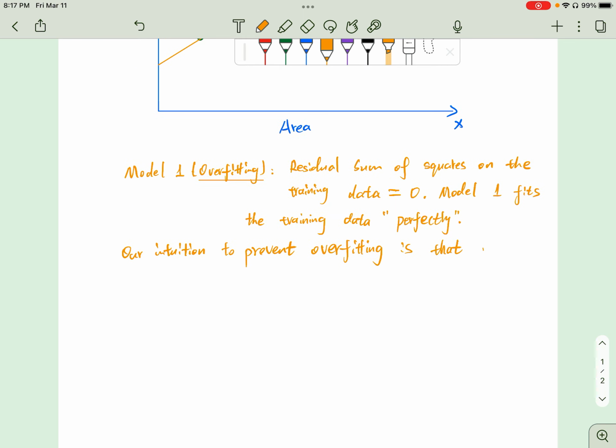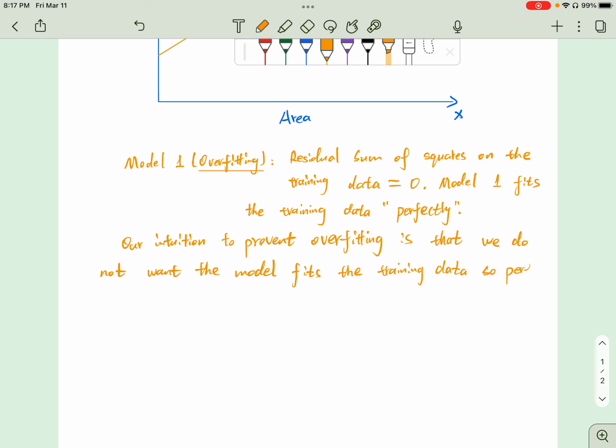We do not want the model to fit the training sample or training data so perfectly. We don't want this model to fit the data so perfectly.